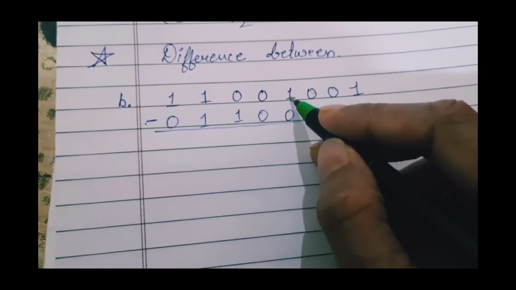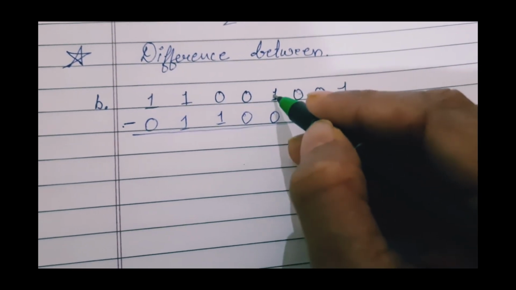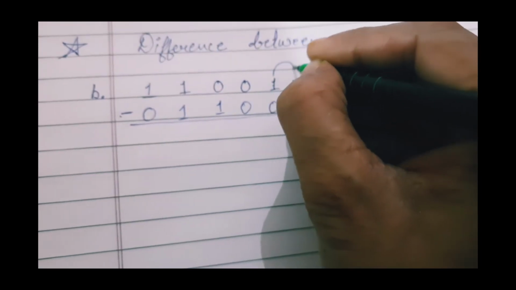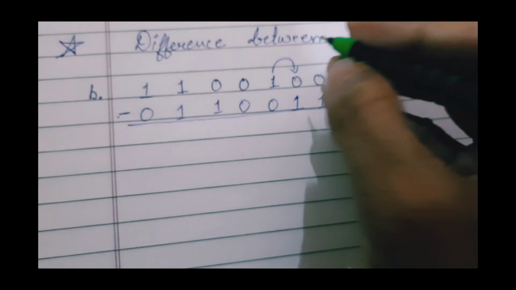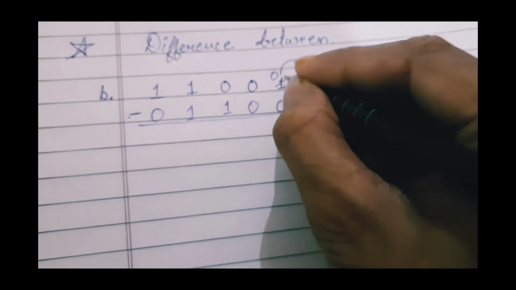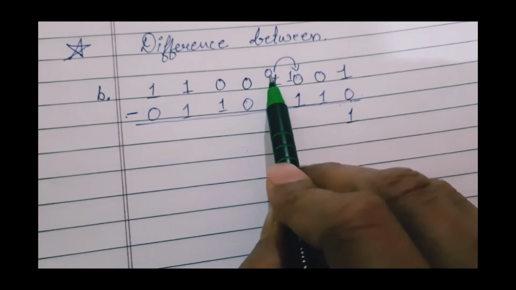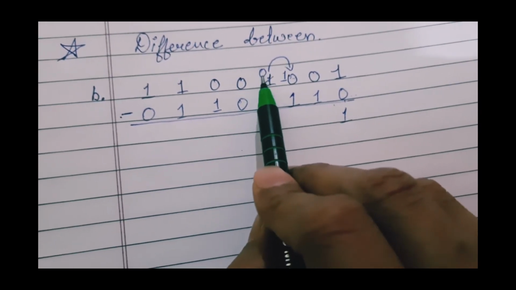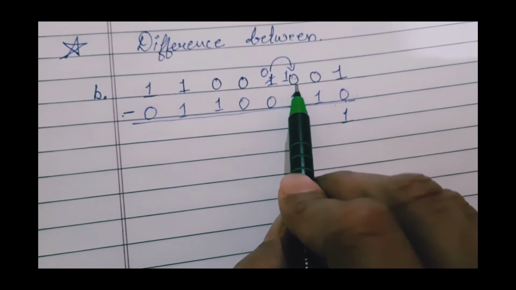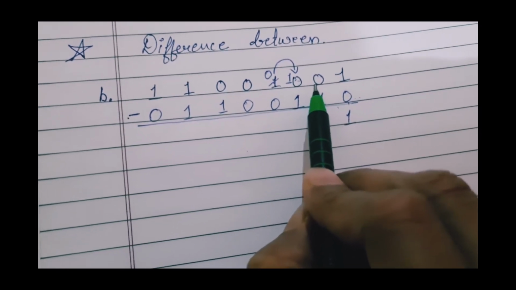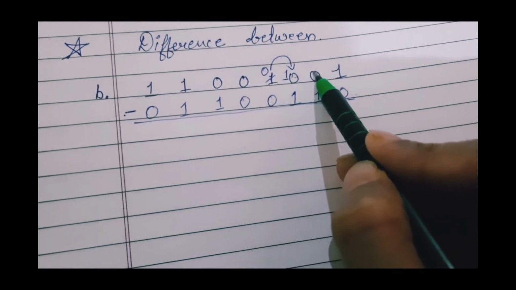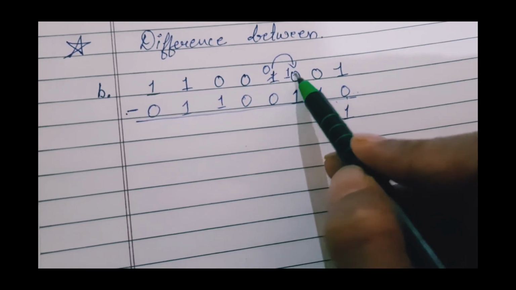So we can borrow 1 from here to here. And this will bring 0, this will come 0, this come 1 and 0, 10, and here again we have 0, we want 1 from here till here. So what will be left here?